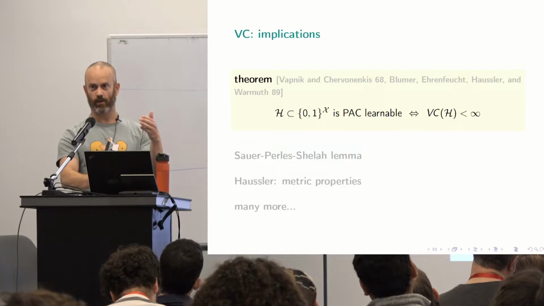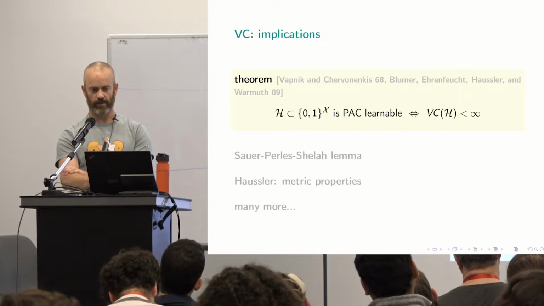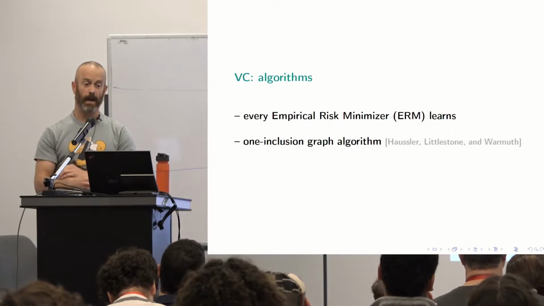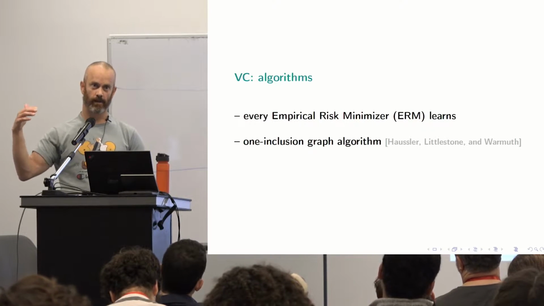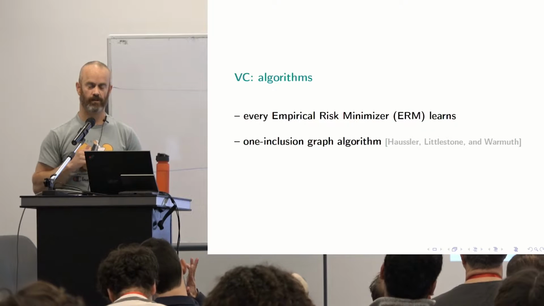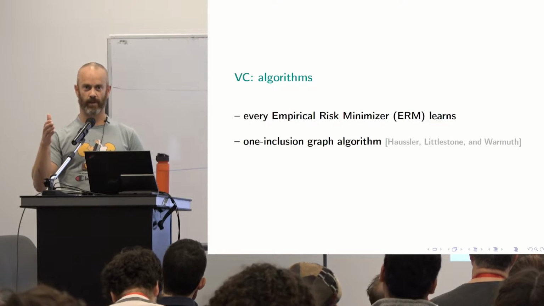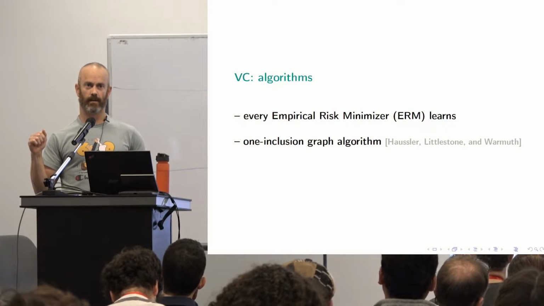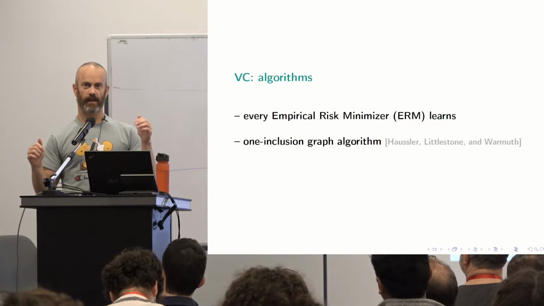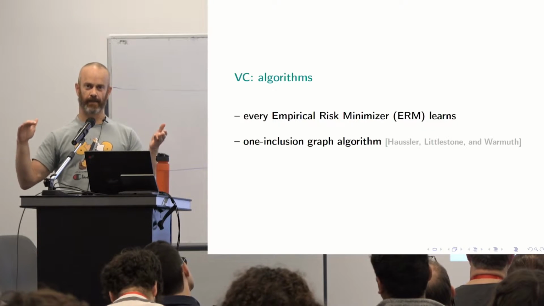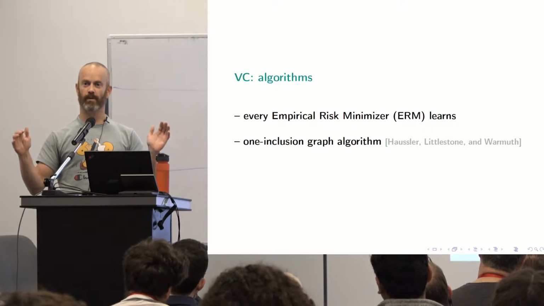And now I want to tell you other theorems of this sort, which are more recent. This theorem comes with many proofs, but two ideas that come from it, and both of them are algorithmic, which is a good thing. One is that if we try to minimize the empirical loss in the VC setting, this is a very good thing to do.